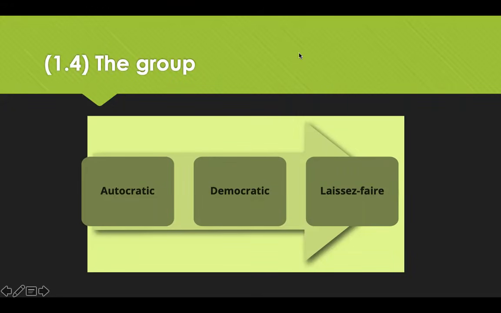So you have autocratic, which is where the leader doesn't consult with the group. A democratic, which is where the team is involved in decision making. And the laissez-faire, where the leaders have minimal involvement in the group making decisions.